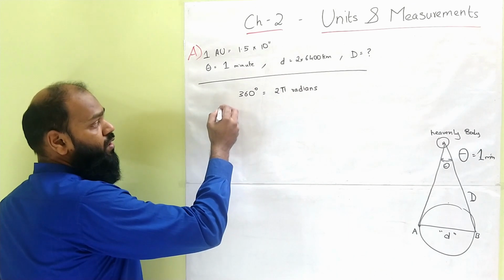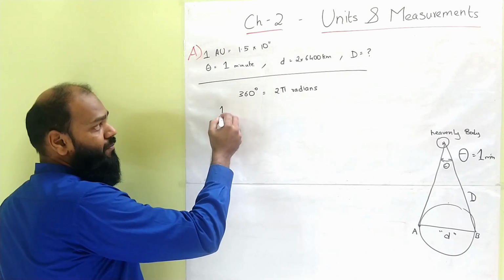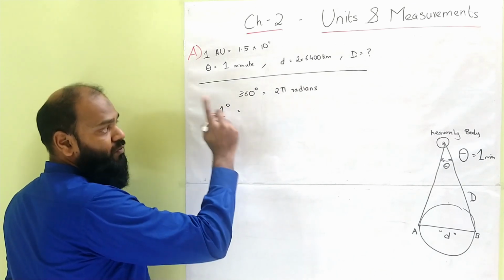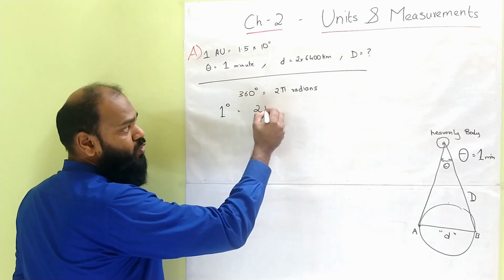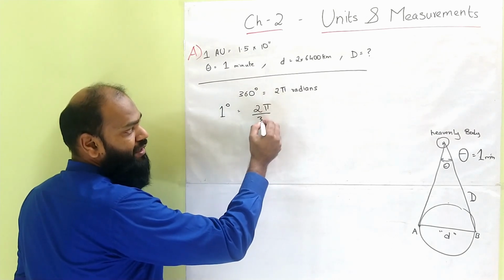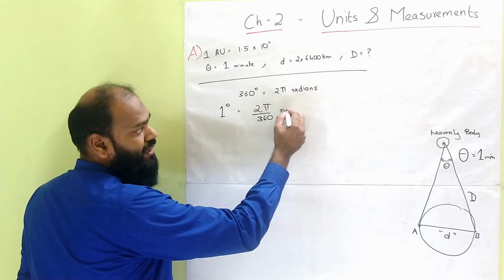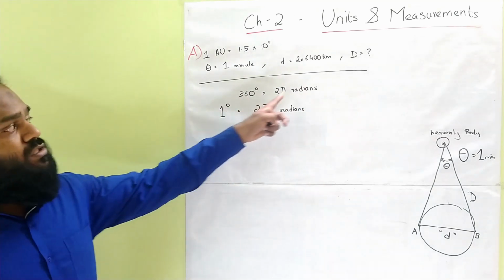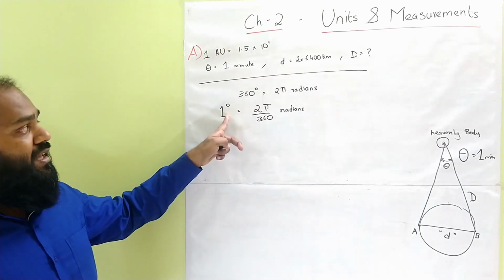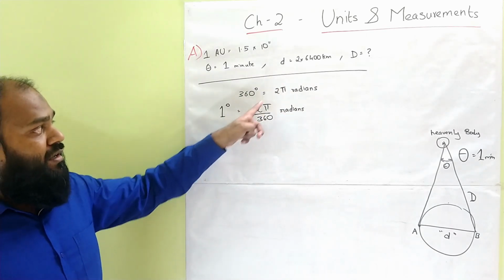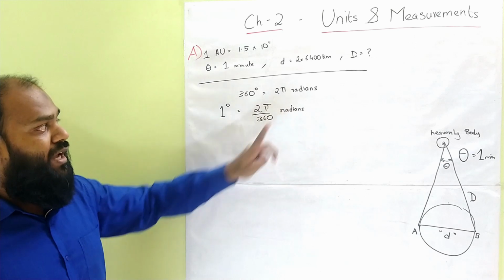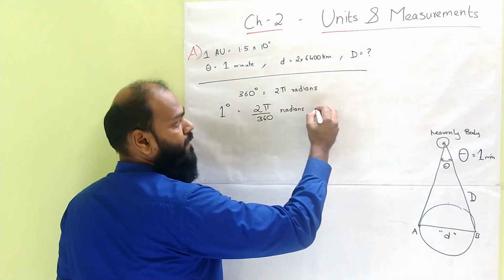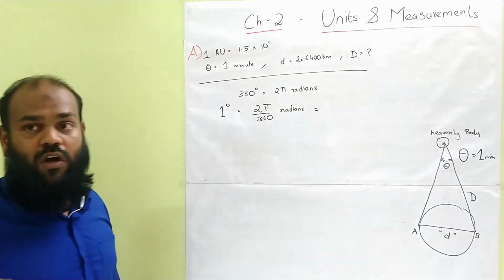Therefore, 1 degree is equal to 2 pi divided by 360 radians. So 360 degrees is 2 pi radians. To find out 1 degree, you have to divide 2 pi by 360. For 1 degree is equal to how many radians?